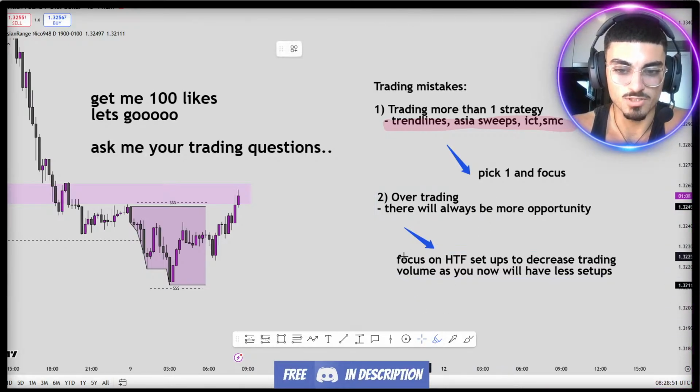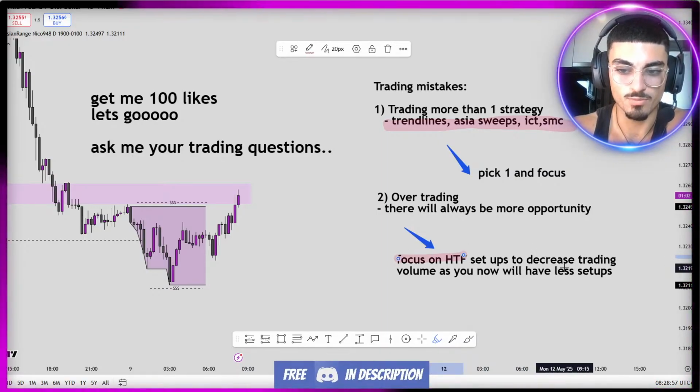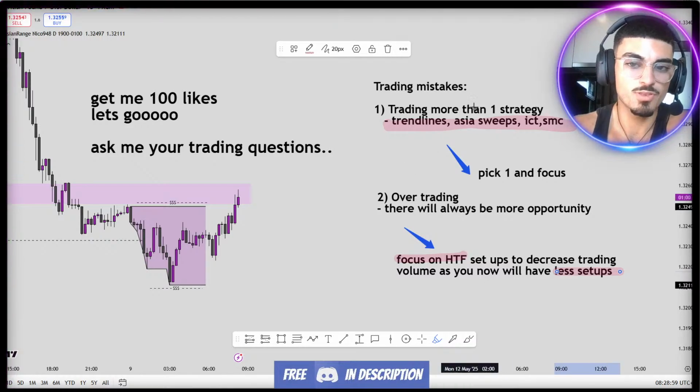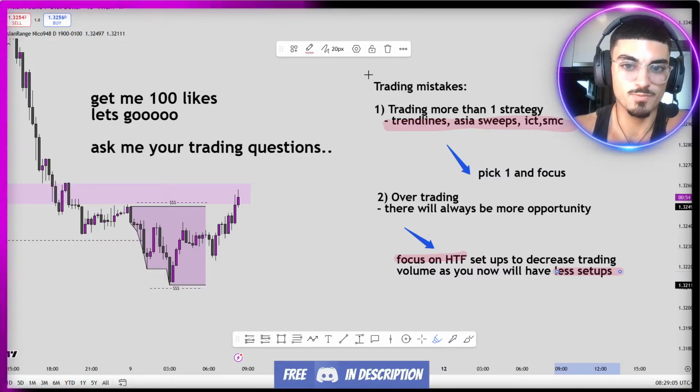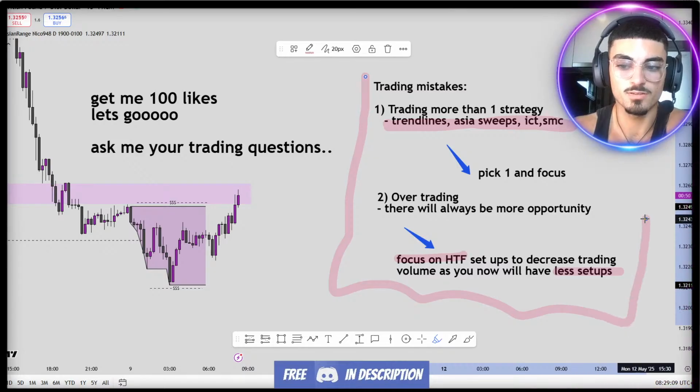Let me just highlight the most important things here. Focus on higher time frame to decrease your trading volume because you'll have fewer setups. So those are, I'd say, the most common trading mistakes, and if you're doing this, then that's definitely going to be very bad for your trading.